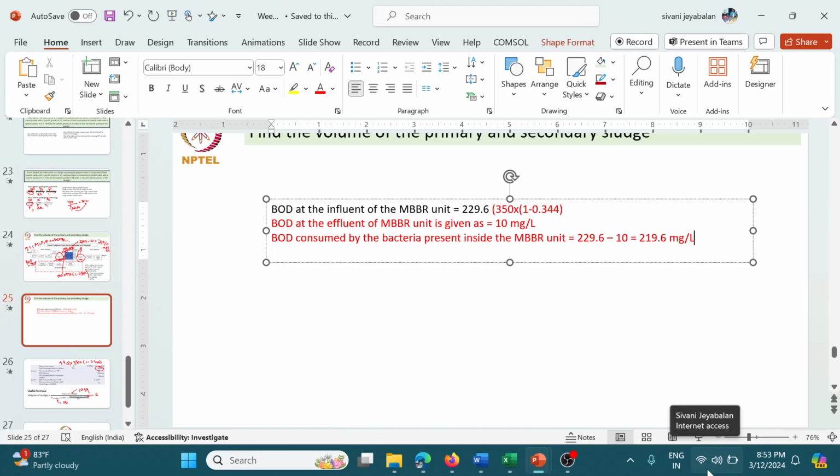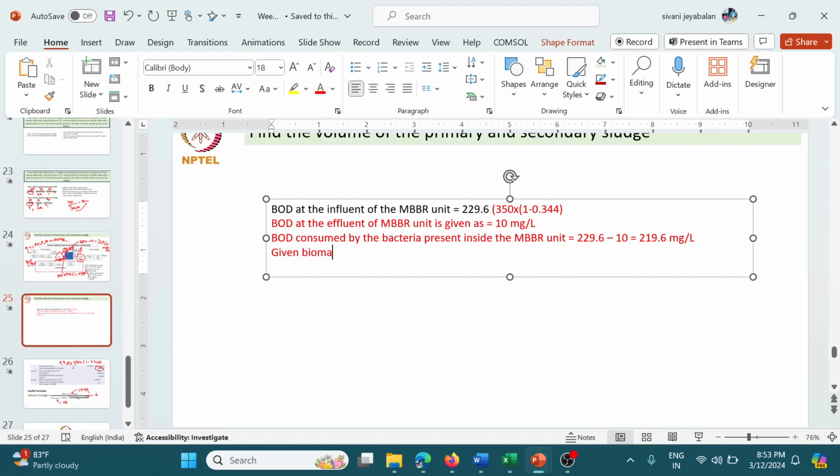That is the biomass conversion factor. You are getting what I'm explaining, Bhupender? Yes, ma'am.